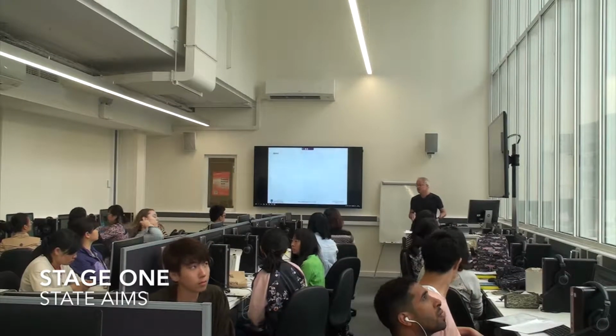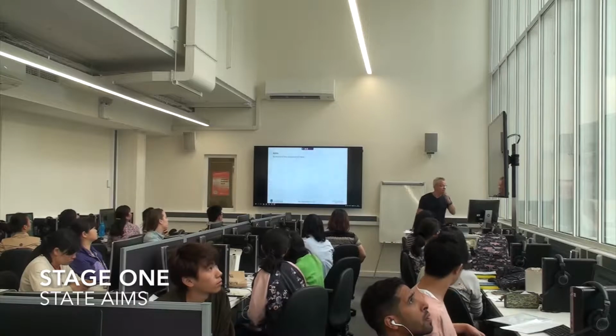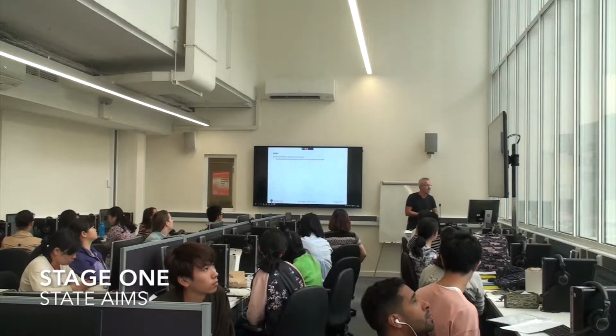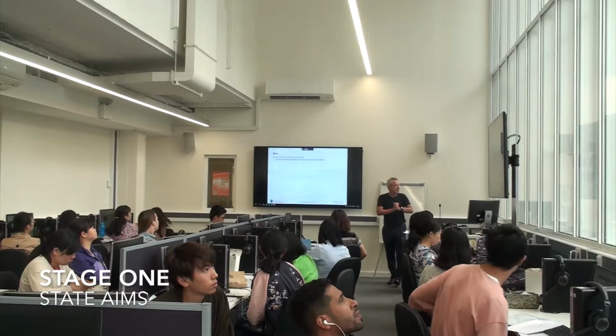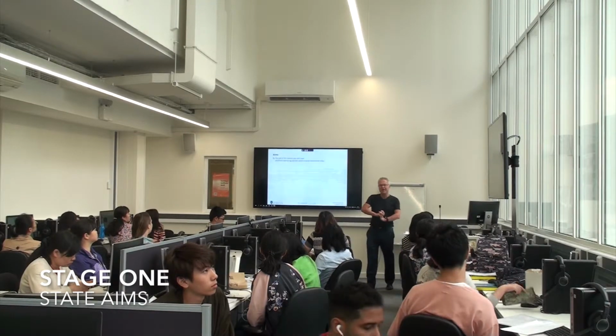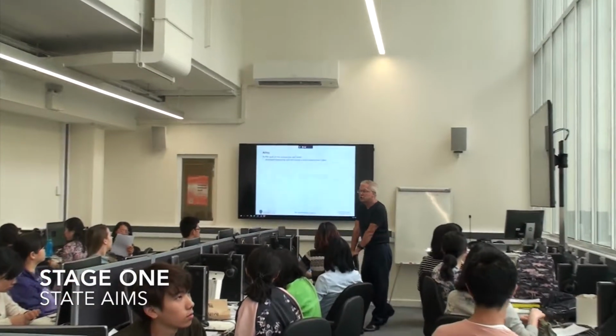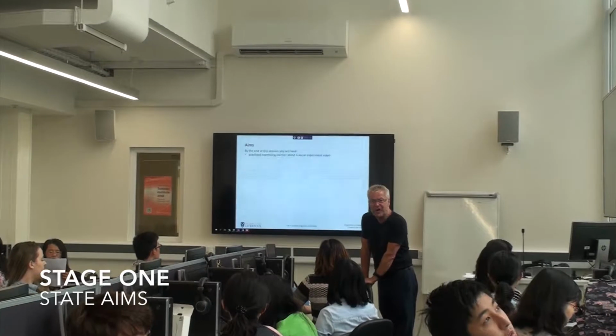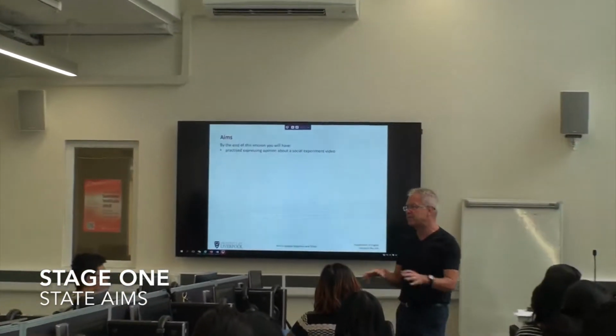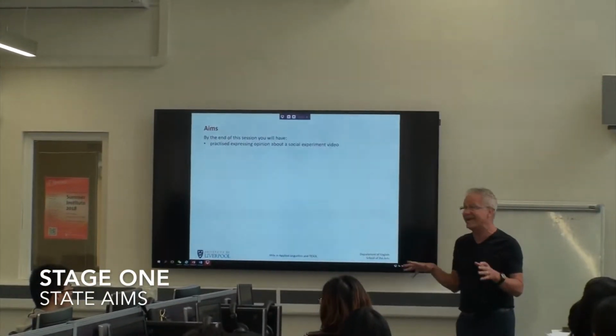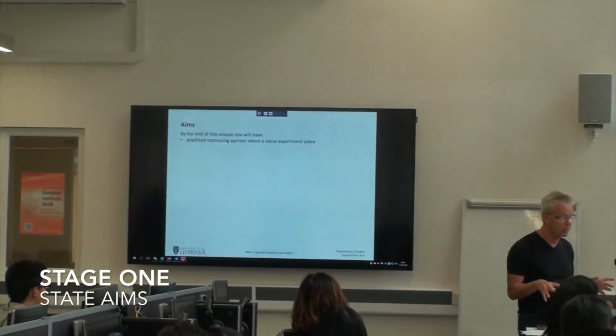So what we're going to do today then is hopefully by the end of the lesson practice expressing opinion about social experiment videos. You will find out what social experiment videos are in a moment by watching one.